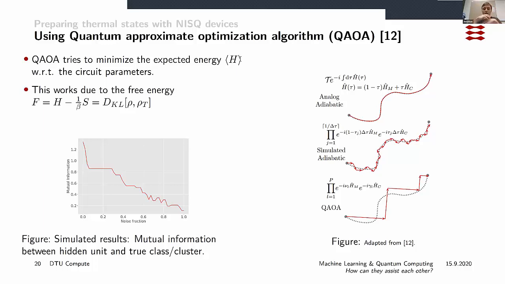Then you actually approximate the thermal state of your complex Hamiltonian. So if we look over here to the right, you can imagine that our qubits are now in this state right here, and we want them to reach this state right here. If we do it by what's called analog adiabatic, that corresponds to very, very slowly turning all the parameters in the quantum circuit in a specific way, and then we would definitely end up here.